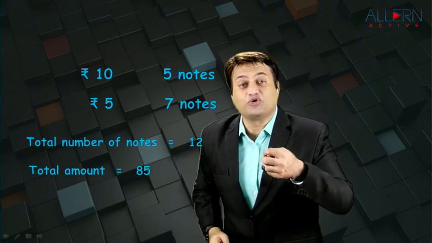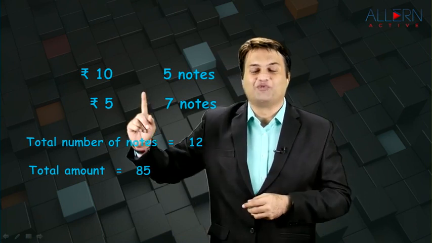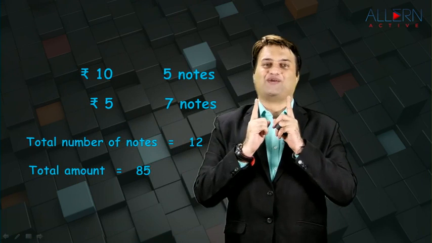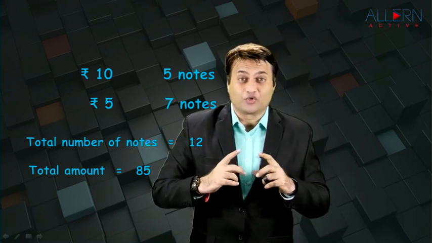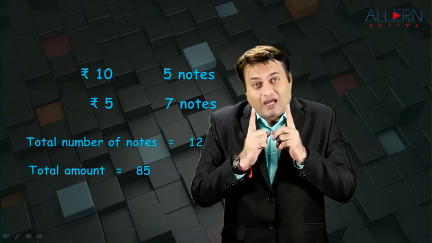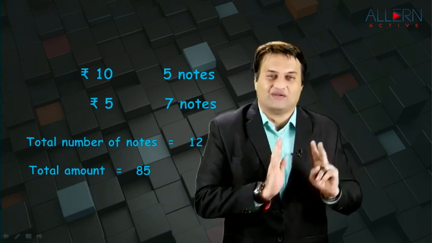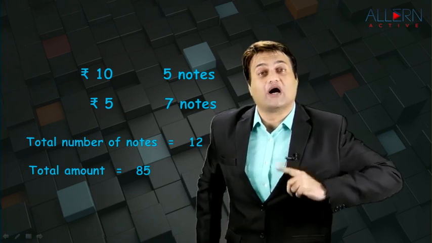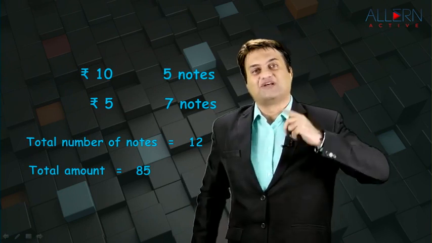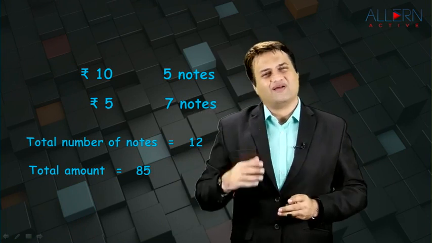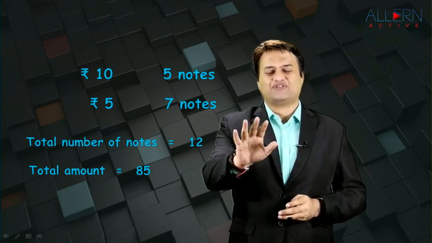But if it is about total amount, then the equation will be 10x plus 5y. This is very important. So you need to read the question properly. If they have given the total number of notes, then say x plus y is equal to 12. But if they have given total amount, then 10x plus 5y is equal to 85. Clear?